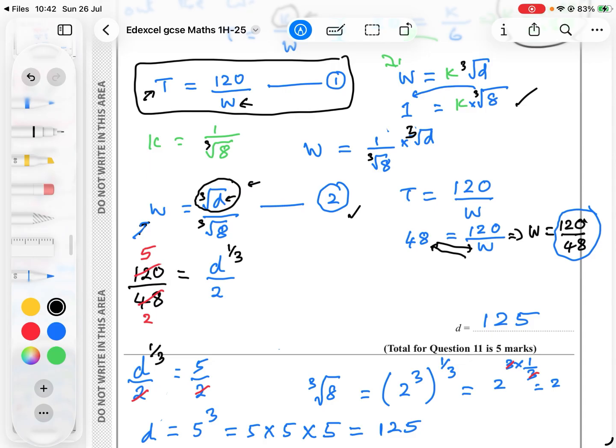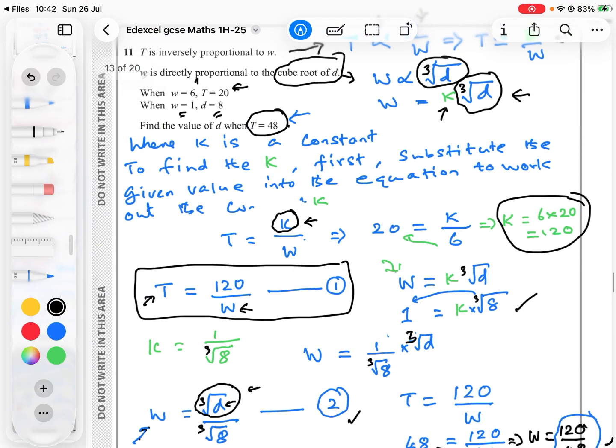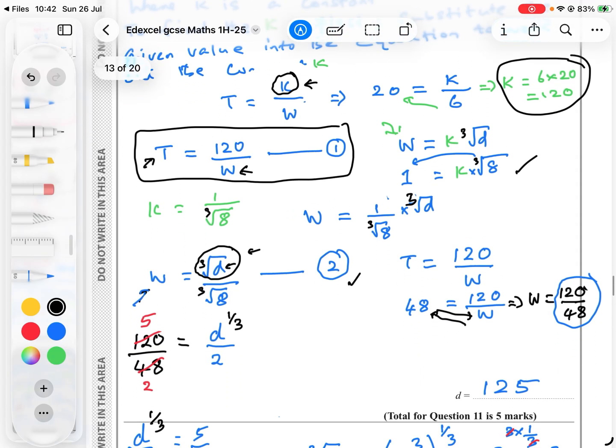Now, the final question is, find the value of D when T equals 48. So I'm going to substitute T equal to 48 into the first equation.